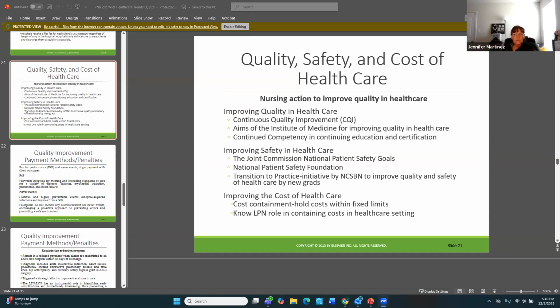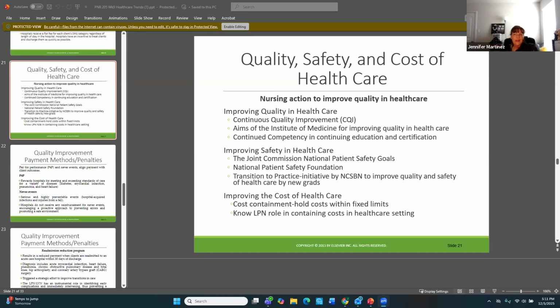CQI, or continuous quality improvement, is improving quality by inspecting client incidences of harm or mistakes after they occurred. So if there's an incident that occurs, we kind of look at it, and we can identify some of the reasons why those incidents occurred and try to prevent problems or future adverse events from occurring.